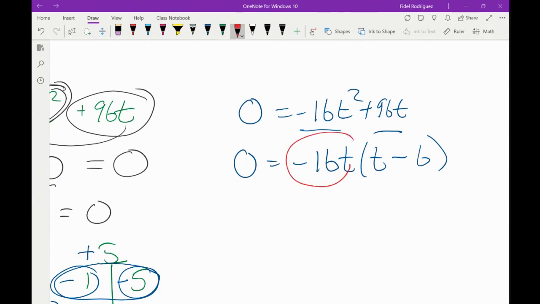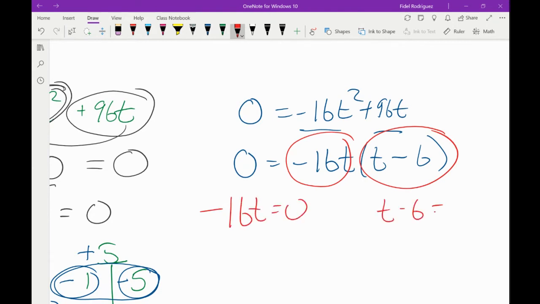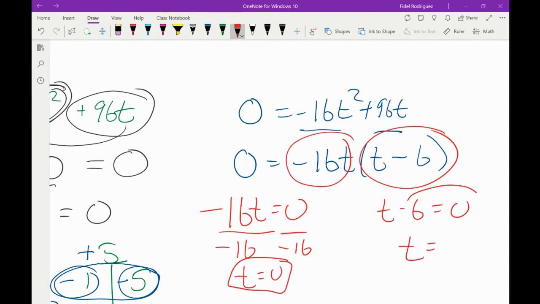I'm going to take each of these parts right here and set each of them equal to 0. Here I'm just going to divide by negative 16 on both sides, and I come up with t equals 0. For this one, when I move that 6 over, it becomes a positive 6. So again, I'm coming up with two answers.